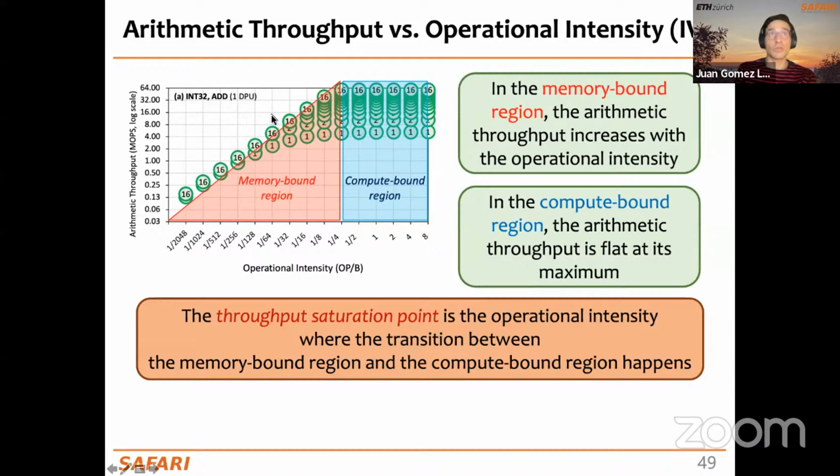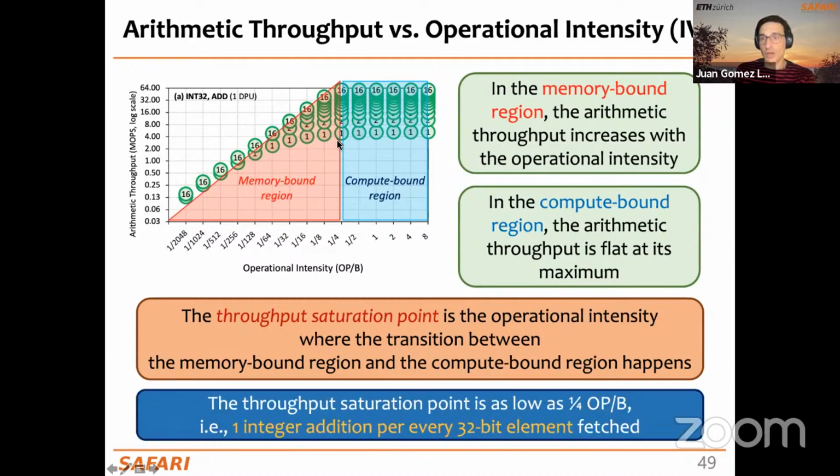The transition between the memory bound region and the compute bound region is what we call the throughput saturation point, which you can see is very low. Even in this micro benchmark it is as low as 1/4, one operation every 4 bytes. That essentially is one integer addition for every 32-bit element that we fetch from memory.